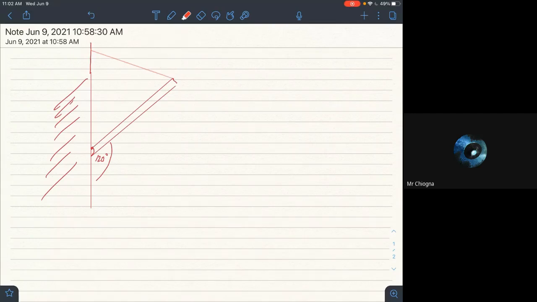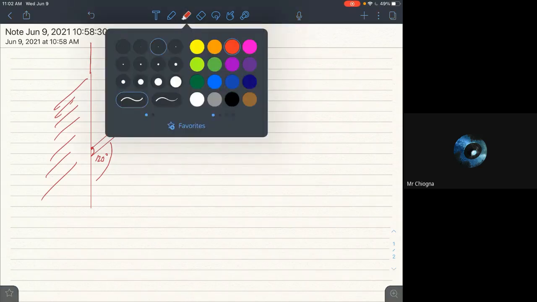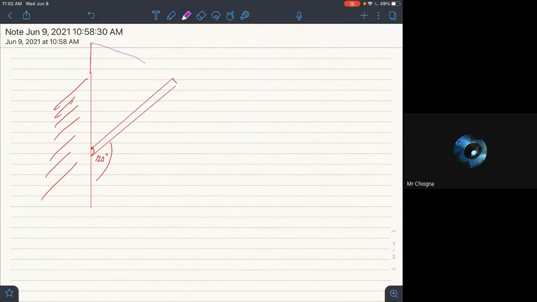Okay, that beam is being held up. Actually, I'll make this a different color. Why not? The beam is being held up by that purple string. Okay, so let's say the length of the beam is 2 meters.